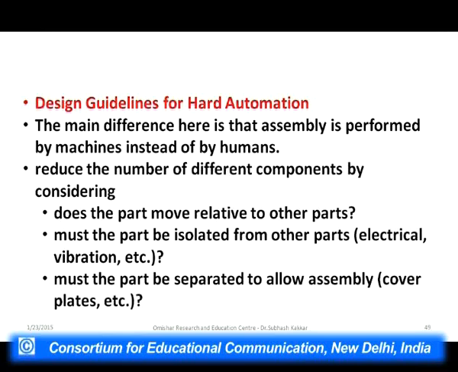Must the part be isolated from other parts? Electrical items should be isolated from the mechanical items. Items which have vibrations should be isolated from other parts. Must the part be separated to allow assembly? Cover plates, etc. should be designed.